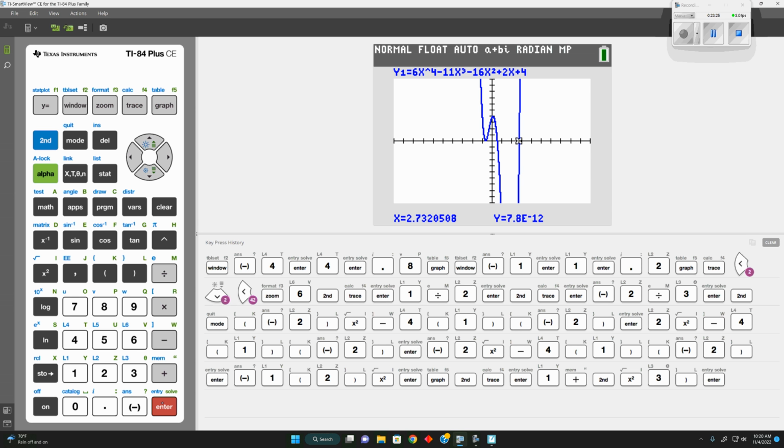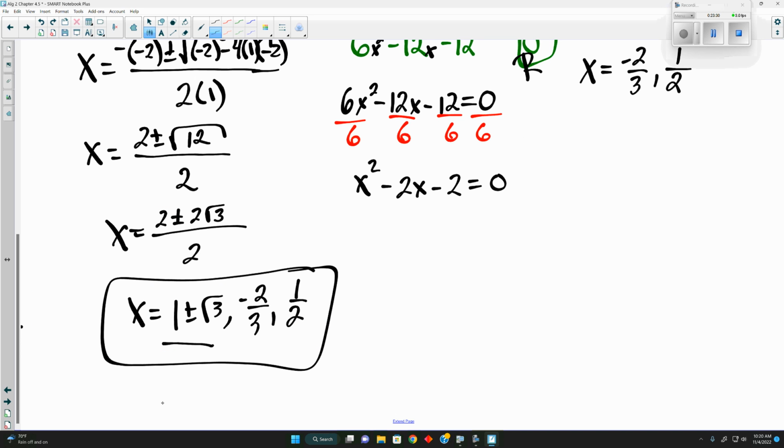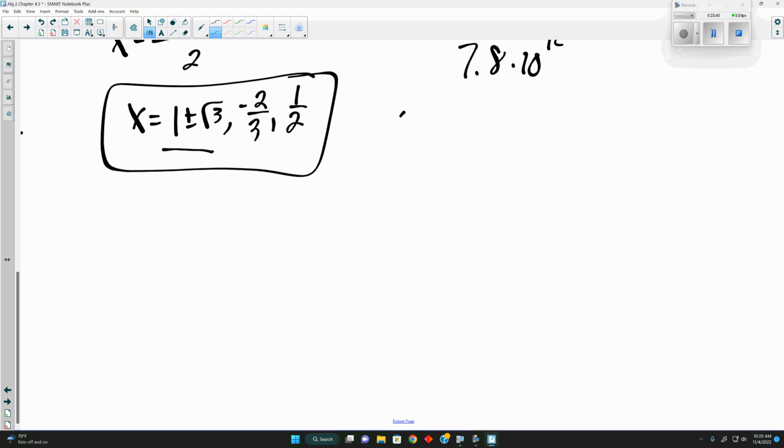If we get e to the negative 12th or e to that big number, it's essentially 0, because what it's saying is it's 7.8 times 10 to the negative 12th. E is 10. And if we write this out, the 0.1, 2, 3, 4, 7, 8, 9, 10, 11 is essentially what that's saying, which is really close to 0.